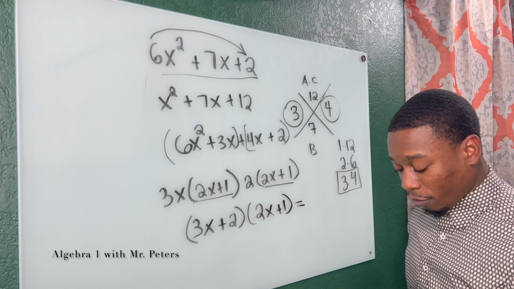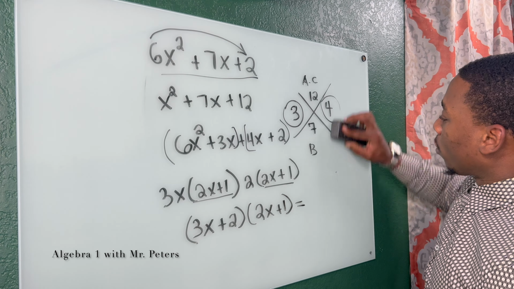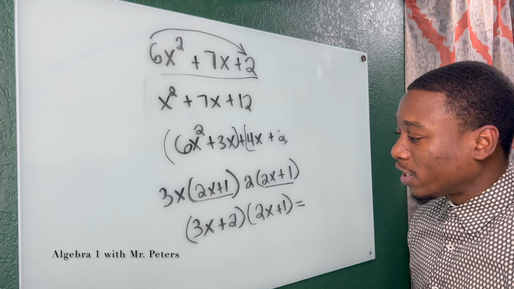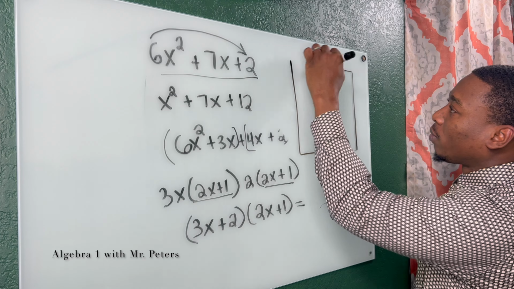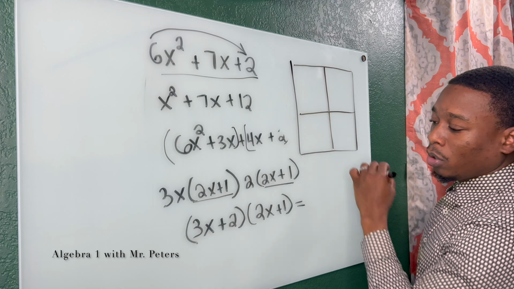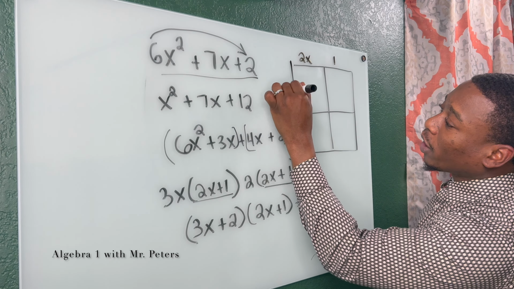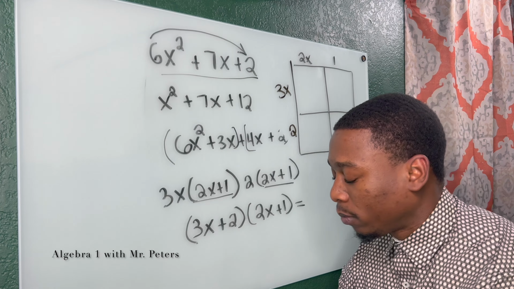Now, let's just say for this video's sake, we wanted to check and make sure that we got this right. All right, so let's do that real quick. And I'm going to use the box method just because I like it and it's fast. So we draw our box, all right? We got 2x and 1 on top, 3x and 2 on the side. Let's switch colors so this pops out some more.